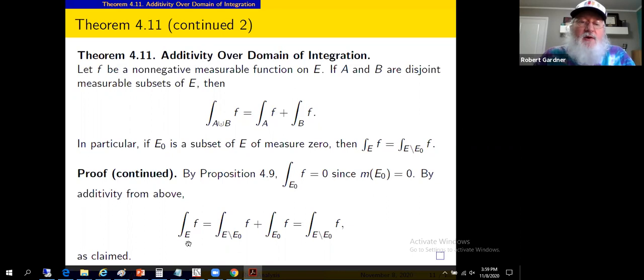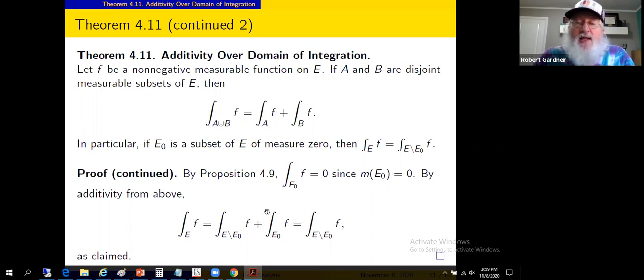If we integrate over set E of f, set E can be written as E set minus E sub 0 union, disjoint union, E sub 0. E sub 0 is a subset of set E, as it says up here. So we can split this up into these two disjoint sets and use the additivity that we've established.